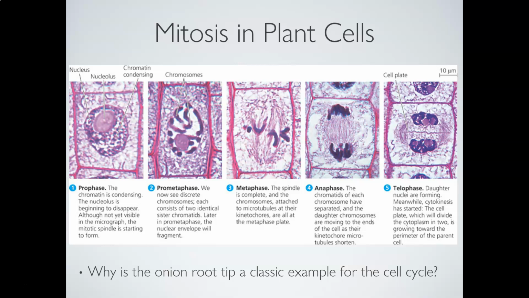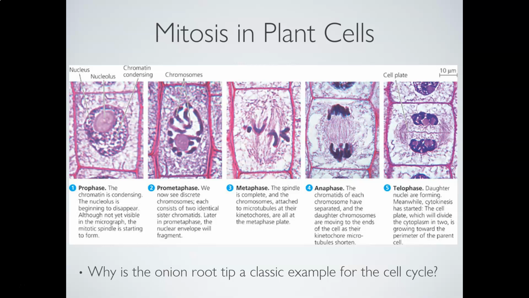So when we sort of look back on this, I showed you the slides from the lung cell of a newt. We went through the initial stages of mitosis. This is just another way to look at it, but now we're looking at it in an onion root tip. And this is a pretty classic set of images, classic set of slides that most students come across at some point throughout their schooling to look and identify the different stages of mitosis.